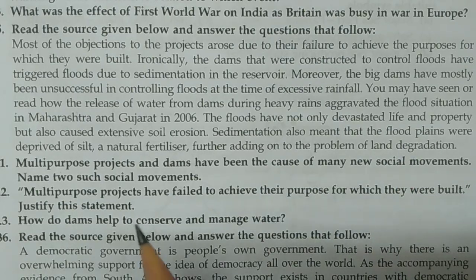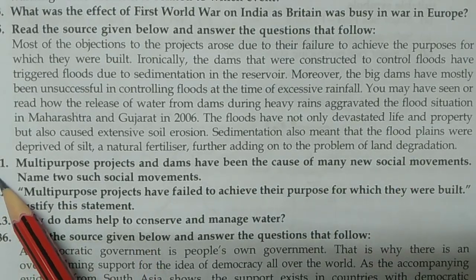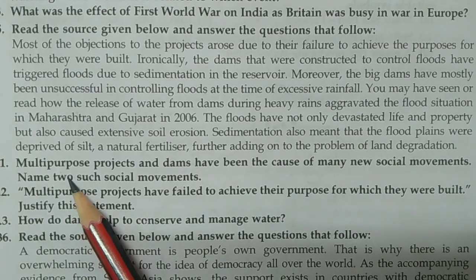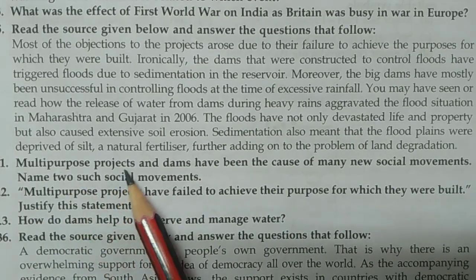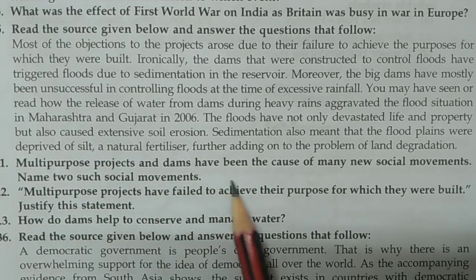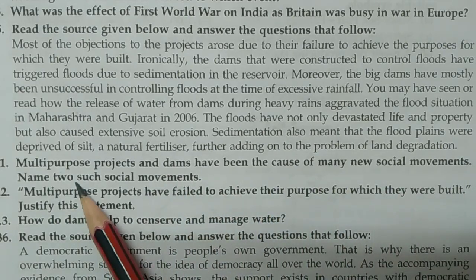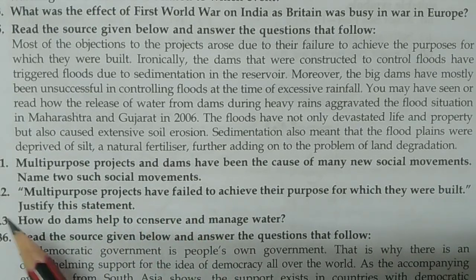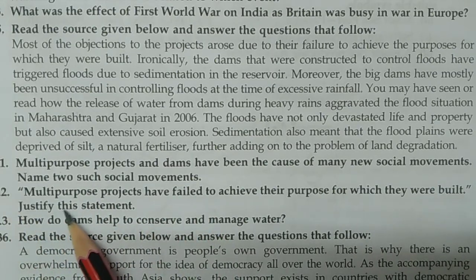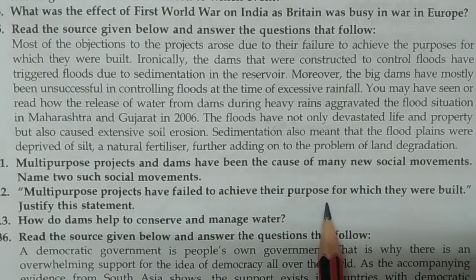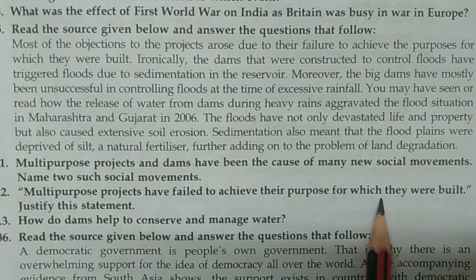And now here is question number 1, 35.1. Multi-purpose projects and dams have been the cause of many new social movements. Name two such social movements. 35.2: Multi-purpose projects have failed to achieve the purposes for which they were built.